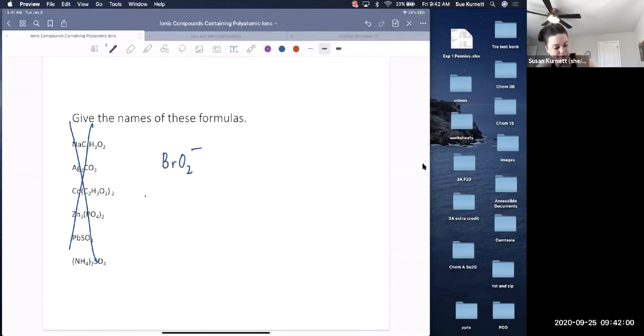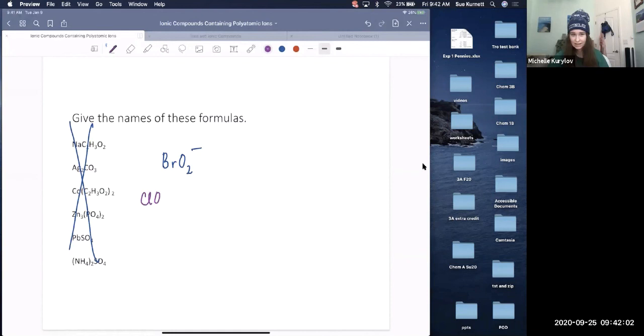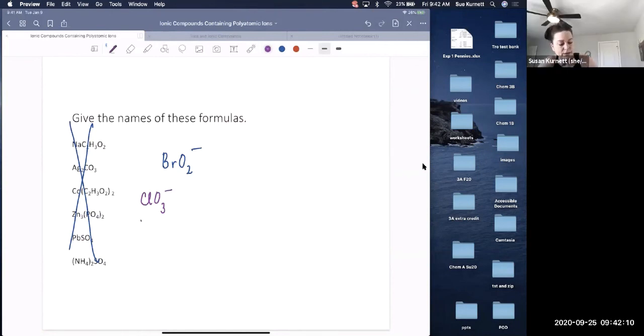Chlorate. Okay, so if we went down the column, we could write bromate, because we know chlorate. And if what we have is one oxygen fewer, isn't that an ite?